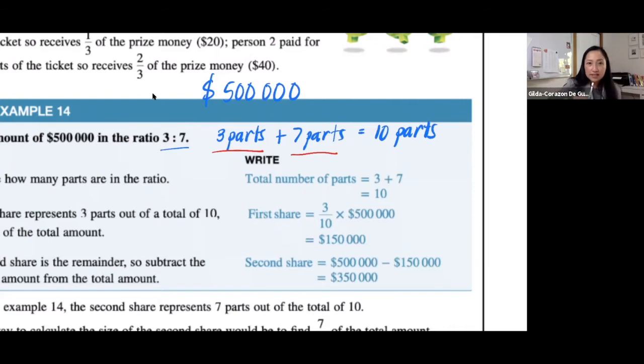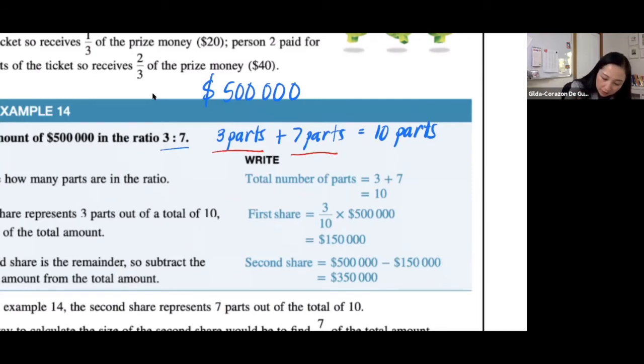It's just 1 less 0. So then you've got 1 part, which is equivalent to 50,000. So how much is 3 parts? If 1 part is 50,000, one would get 150K.